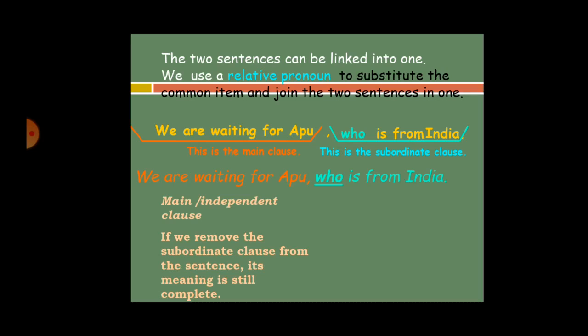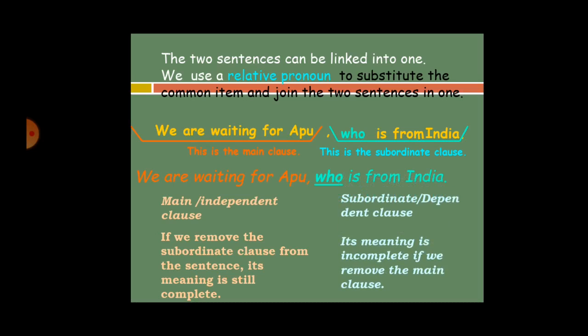It is a complete sentence. The subordinate or dependent clause has an incomplete meaning if we remove the main clause. If you remove we are waiting for Apu, who is from India is incomplete, because we don't know who.